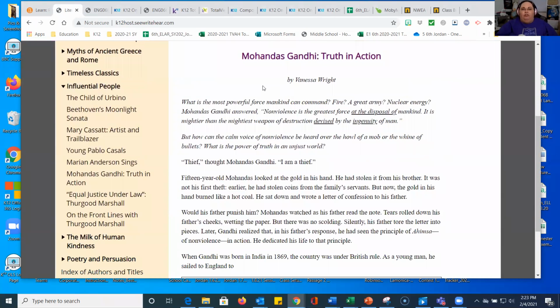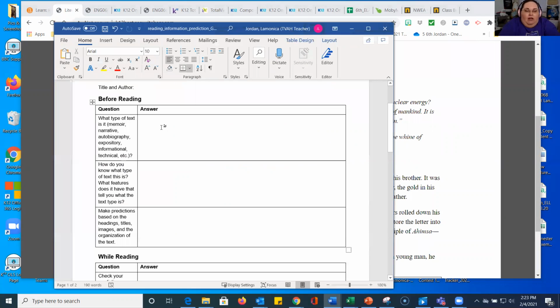Before we read, just looking at the title, Mahatma Gandhi, Truth in Action by Vanessa Wright. Is this an autobiography? Is it written by Gandhi? No. So it's probably just a regular biography. So that's what I'm going to type here. How do we know it's a biography?